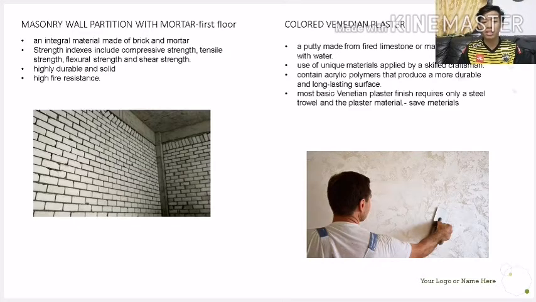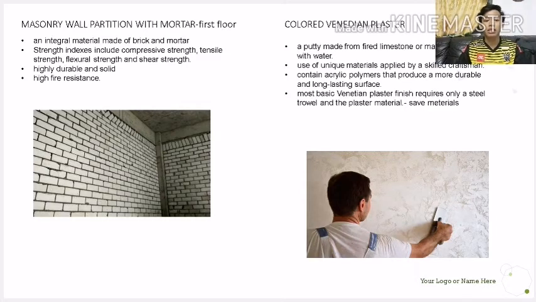It is a unique material only applied by skilled craftsmen, and it also has aesthetic value. It is also a safe material for installation because it only requires a steel trowel and the plaster material.